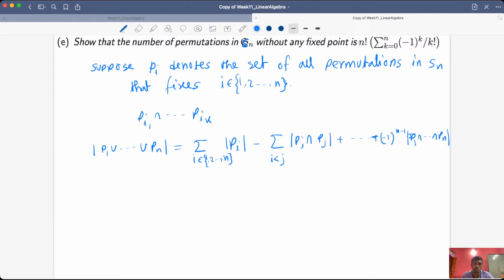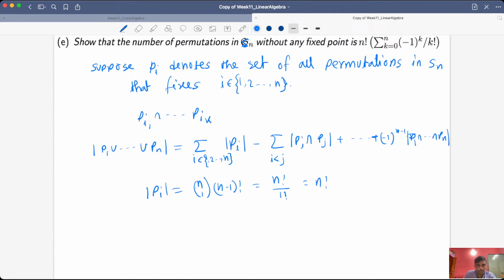So there are n minus 1 factorial many permutations, and the one element that I choose initially I can choose from the n elements in n choose 1 ways. So for any i, the cardinality of this Pi is n choose 1 into n minus 1 factorial, which is just n factorial by 1 factorial, that means n factorial.